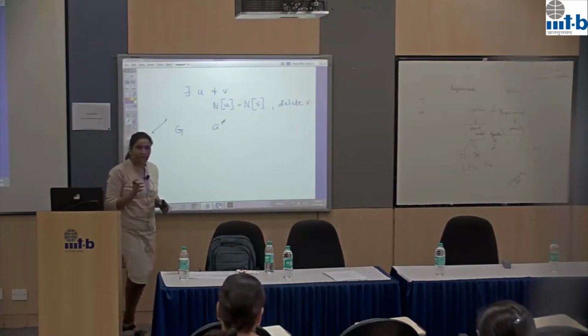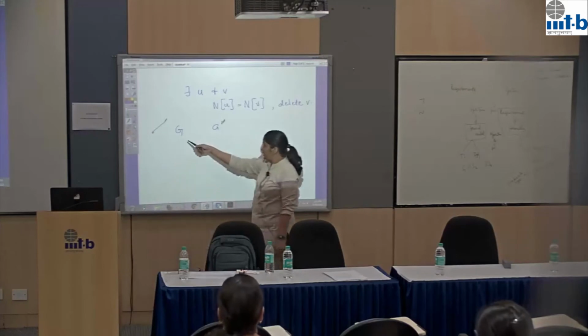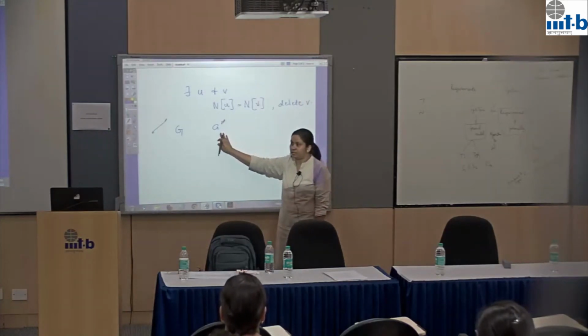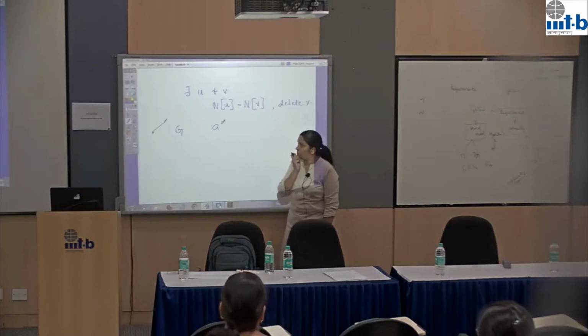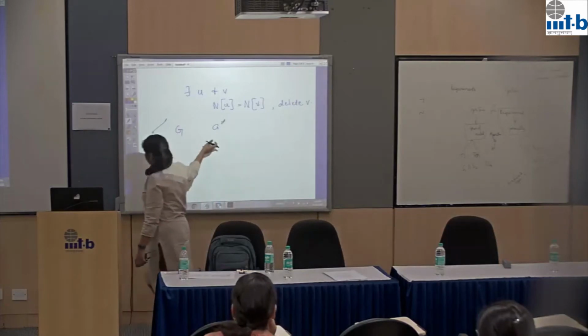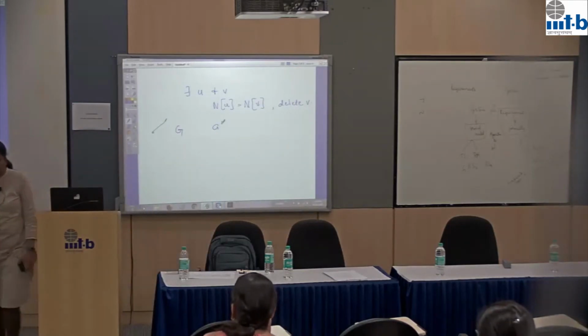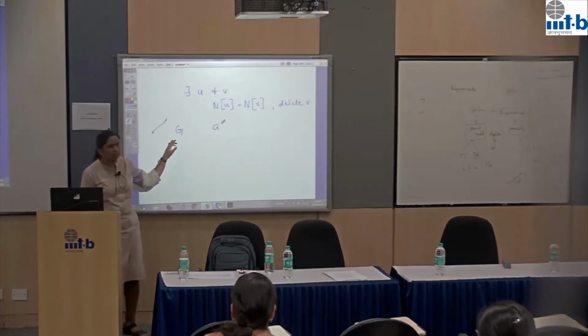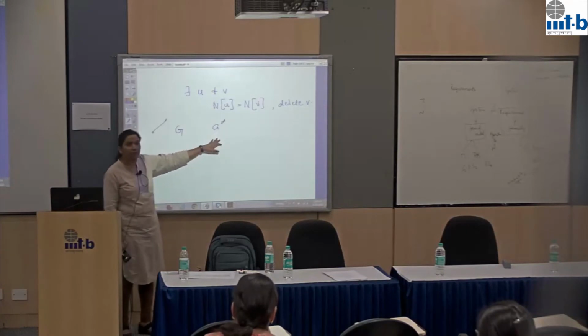And what do we have to prove? G is a yes instance if and only if G prime is a yes instance, right? So how do we prove that? G has v in it. So assume one direction. Assume G has an edge clique cover of size k. Then can you prove that G prime also has an edge clique cover of size k?